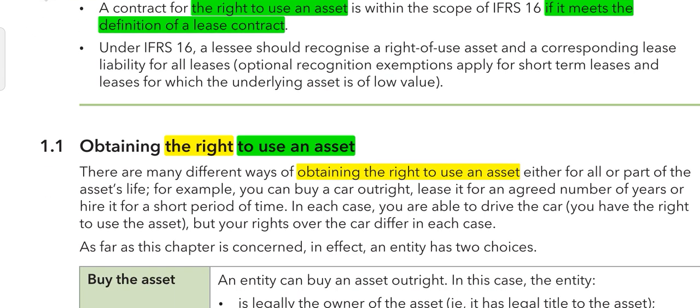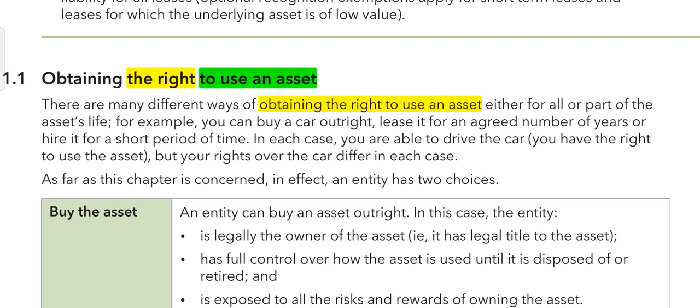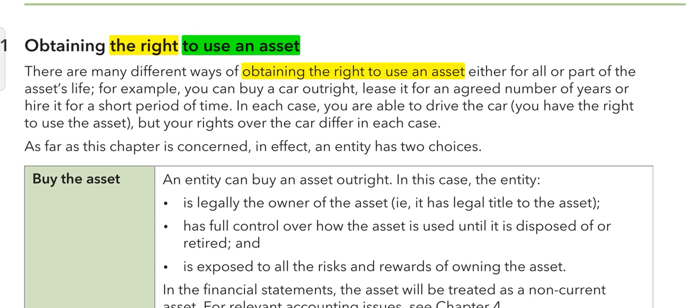So how do we get the right to use an asset? There are many different ways of obtaining the right to use an asset, either for all or part of the asset's life. For example, you can buy a car outright, lease it for an agreed number of years, or hire it for a short period of time.